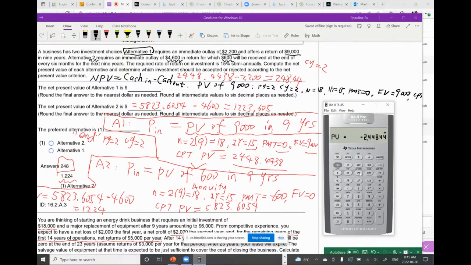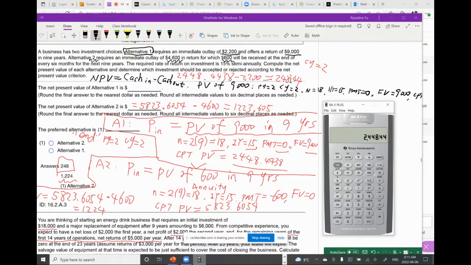Compute present value. So you're going to get $2,448, this number here. That is the cash in, and cash out is 2,200. You do the subtraction, the final answer, $248.